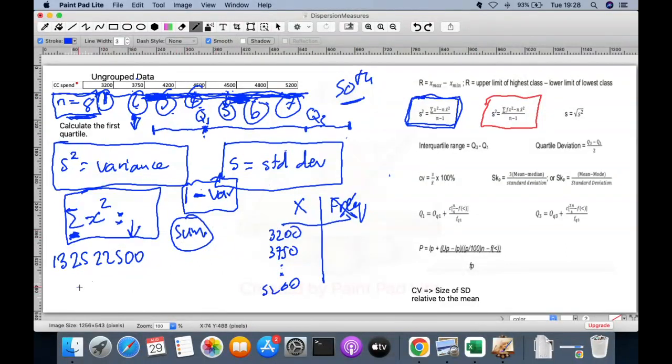The next symbol you'll see on the numerator is your x bar all squared. That is simply your average, in other words, your mean squared. So you work out the mean and you square it. A simple way to do this is to just use your calculator.